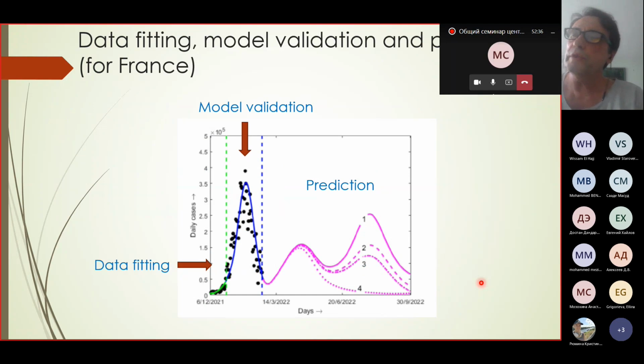And then I will just show some results. This work was published about 1 year ago, in the beginning of 2022, and we presented this graph shown here. I will explain what is shown. So as before, black dots are new daily infections.